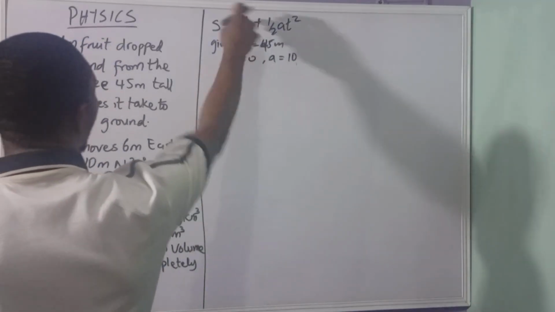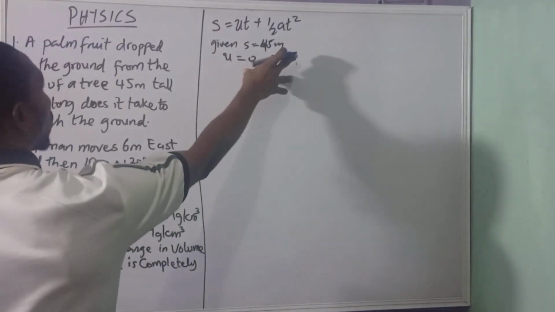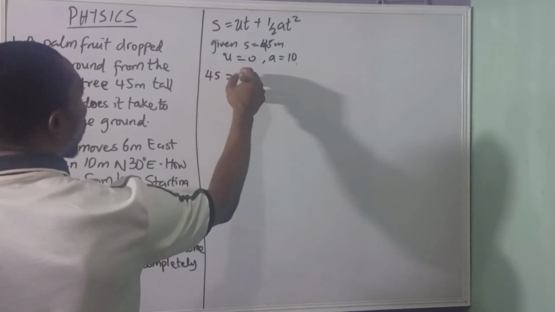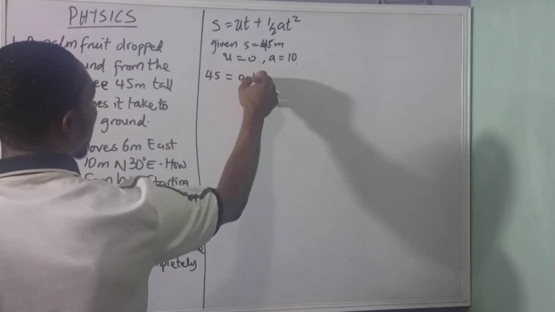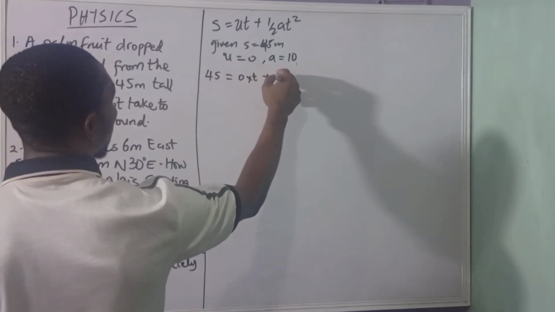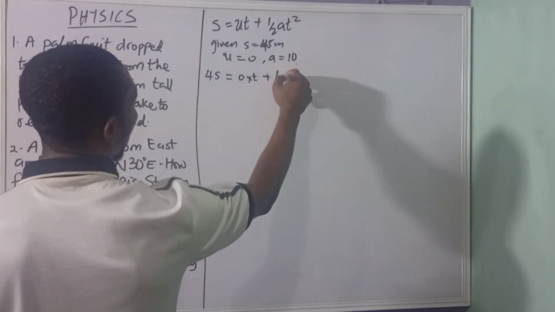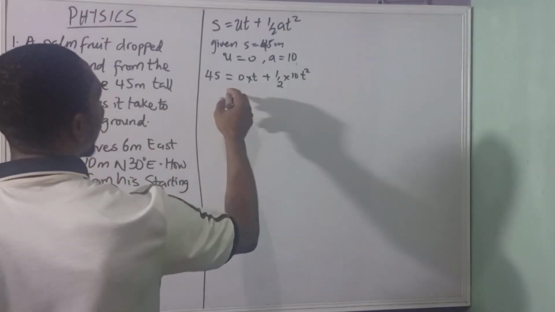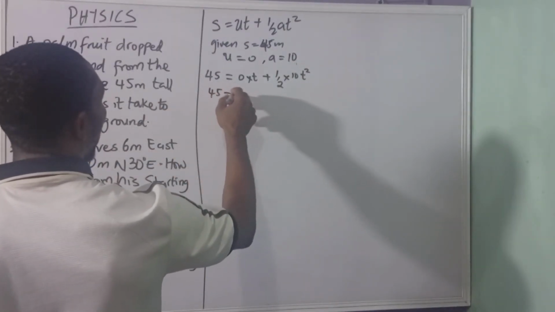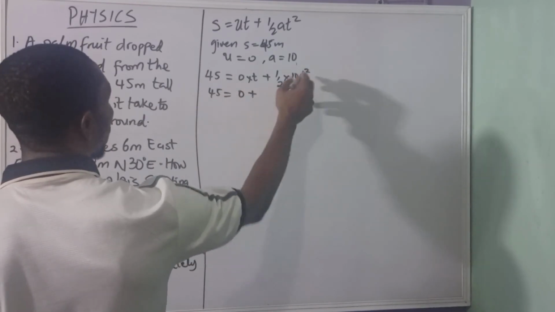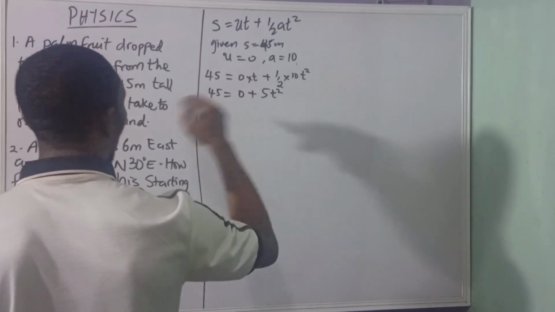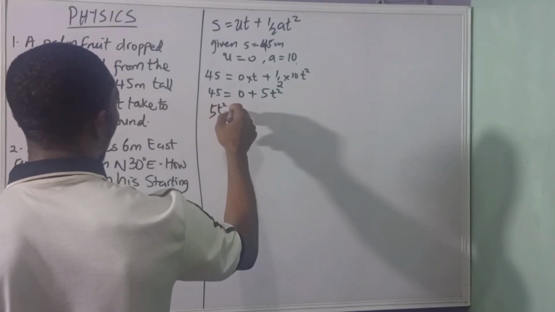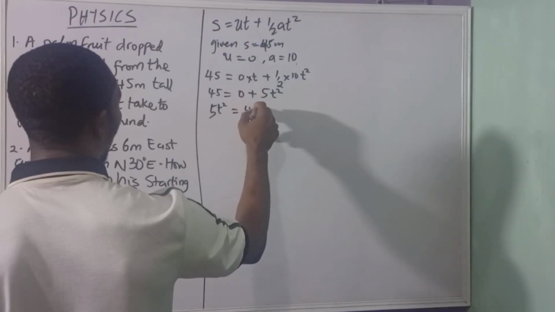Substituting into the equation, this becomes 45 equals 0 times t plus half times 10 t squared. So 45 equals 0 plus 5t squared, so 5t squared equals 45.